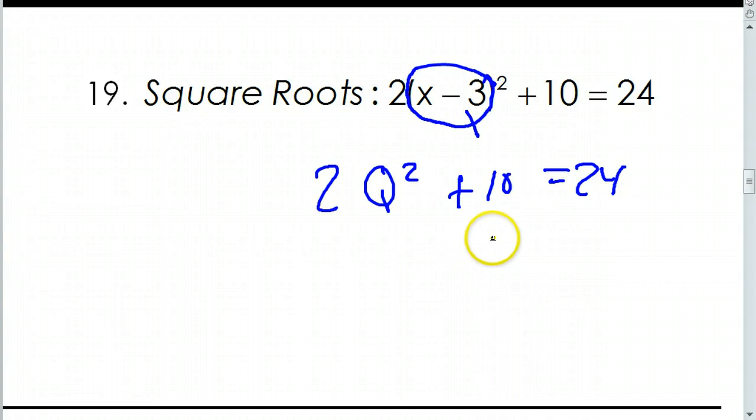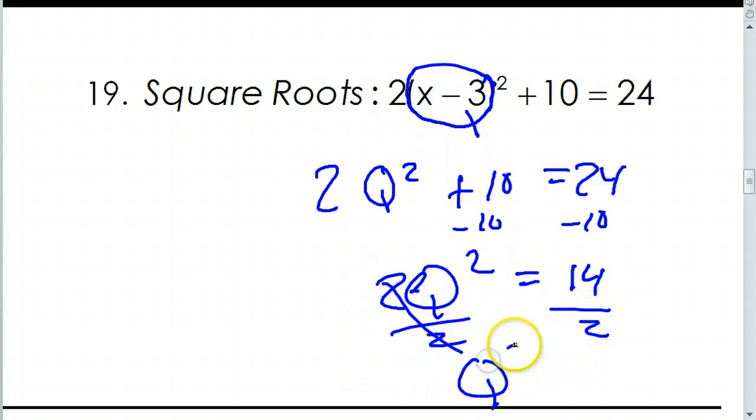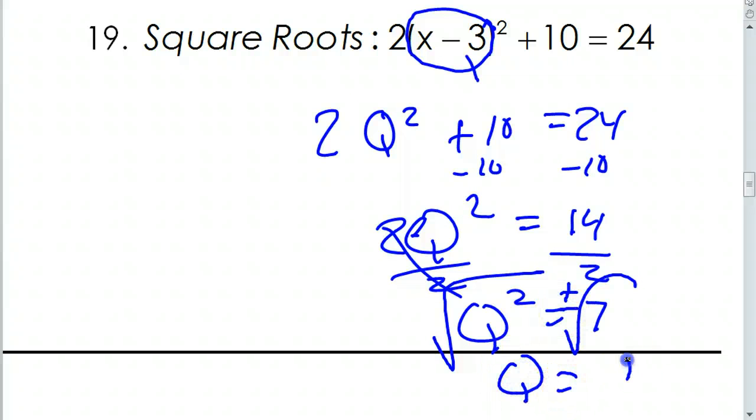What would I do first? I would subtract 10 from both sides, right? I'd get 2q squared is equal to 14. What would I do next? I would divide by 2 next, wouldn't I? That would give me q squared is equal to 7. What would I do last? I would take the square root of both sides, not forgetting my plus or minus. That would give me q equals plus or minus radical 7.